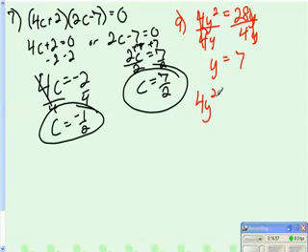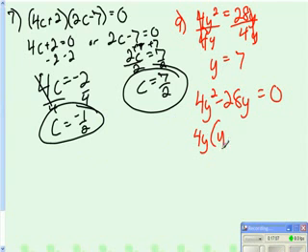You could also have done, I could have subtracted 28y and said that equals 0. Now I can factor it, same way I knew 4y could come out. So I would get 4y times y minus 7 equals 0. And this is what's kind of important. If I did it this way, I only got one answer.